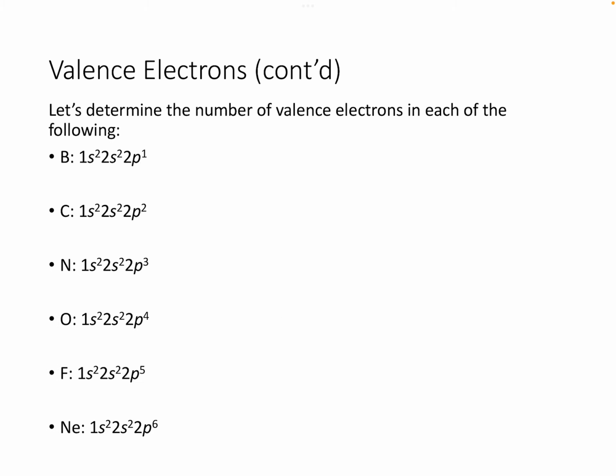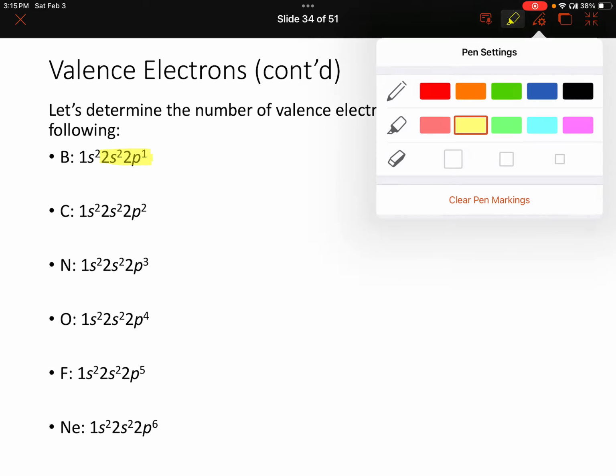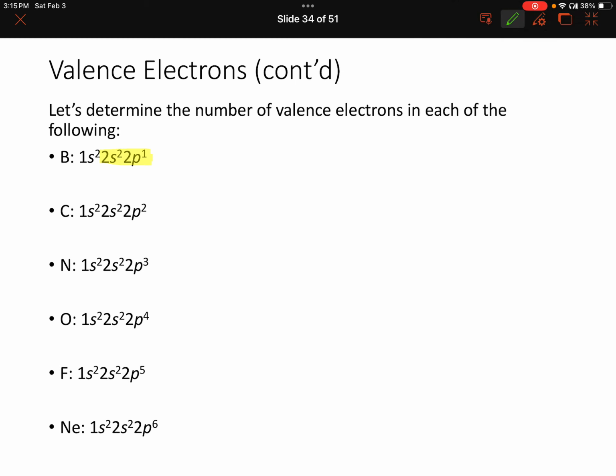So for example, let's determine the number of valence electrons in each of the following. So if we start with boron, which we saw earlier, the highest energy level in its electron configuration is energy level 2. And we can figure out how many electrons are in energy level 2 by adding the superscripts together.